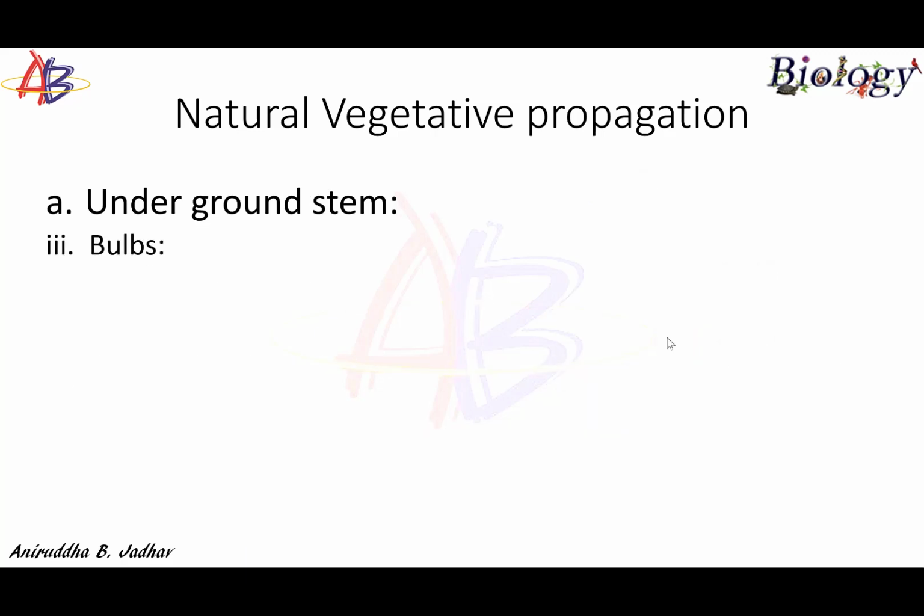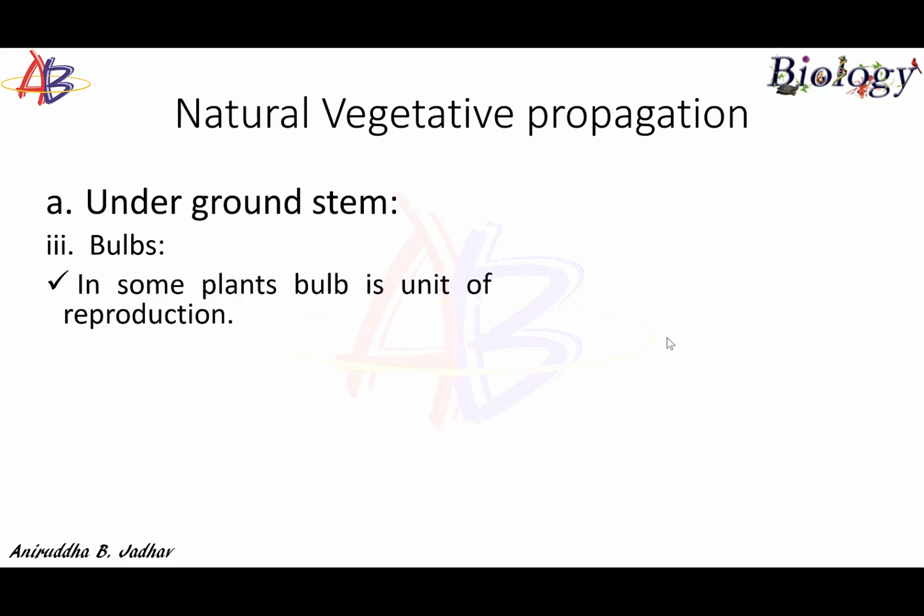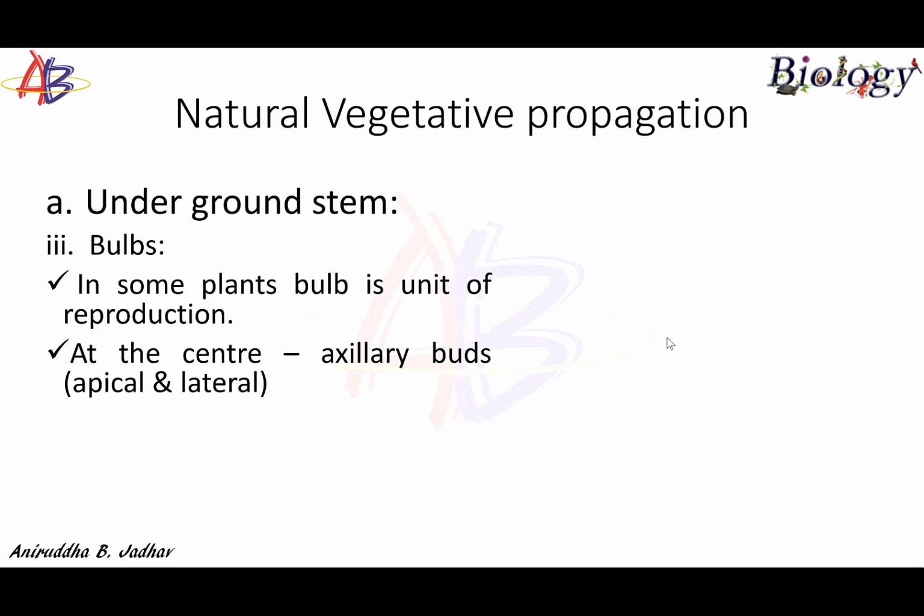The next type of underground stem is bulb. In plants such as onion and garlic, the bulb is the unit of vegetative propagation. It is a short underground stem reduced to a flattened disc with compressed nodes and internodes. The modified fleshy scale leaves may bear axillary buds, which can be of two types, the apical bud and lateral bud.